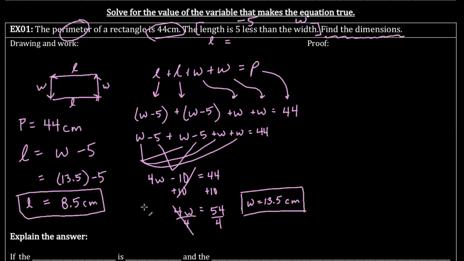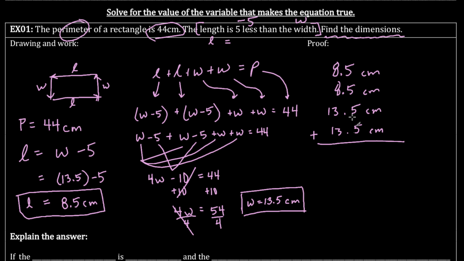Now let's make sure we didn't do anything too off. Okay, so we know that length plus width should give me the perimeter. So I know that 8.5, you could either say times 2, but I'm just going to write them each out. 8 and 5/10 centimeters plus 13.5 centimeters plus 8.5 plus 13.5 centimeters.